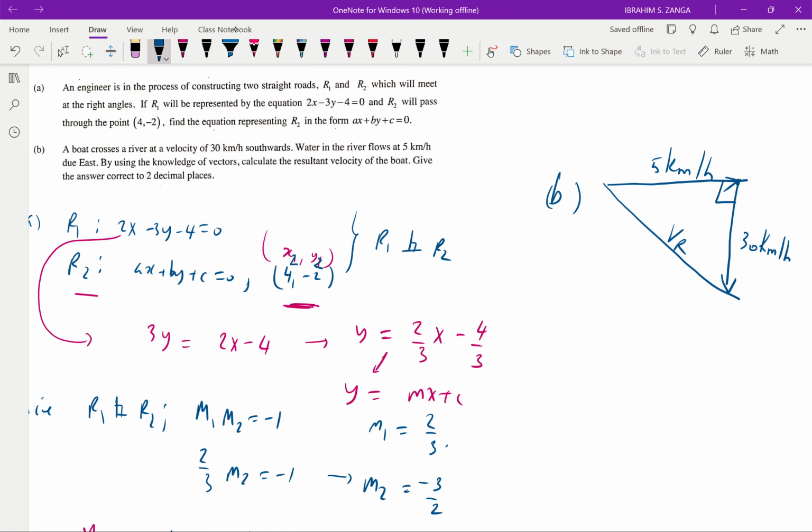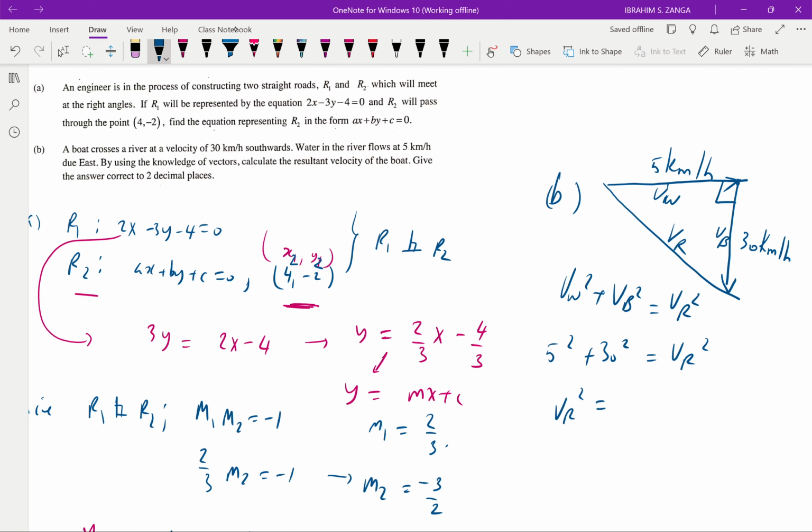So we are going to say, okay, this is V of water, and this is VB, V of the boat. So VW squared plus VB squared equals VR squared. So you have 5 squared plus 30 squared equals VR squared.